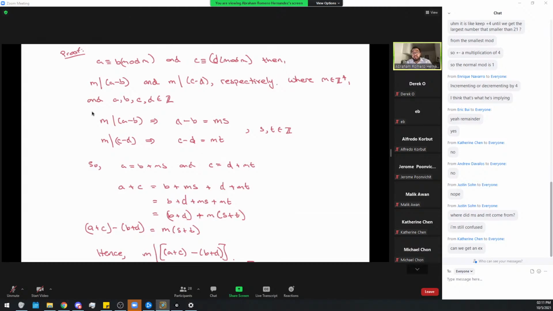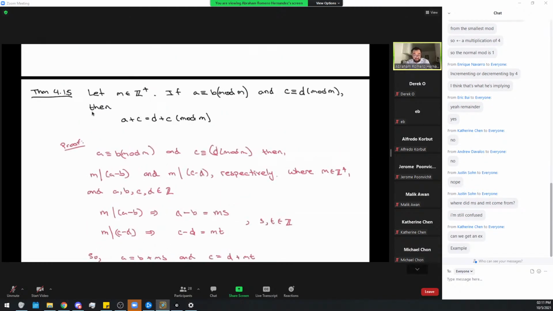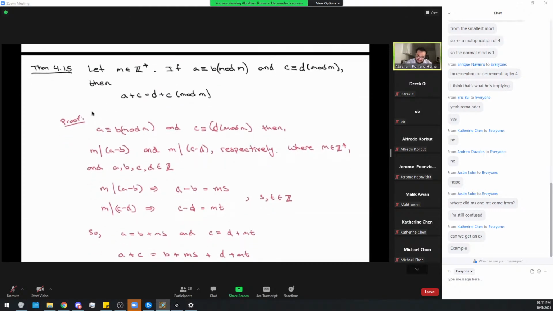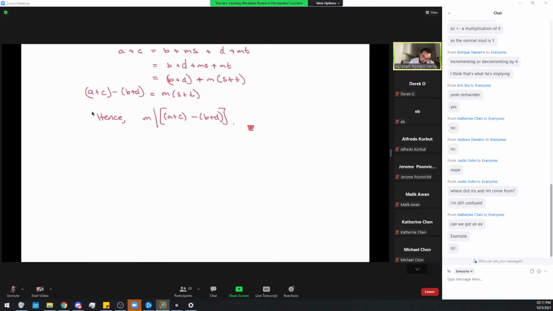Can we get an example? Okay. So let's suppose we have 7 is congruent to 1 mod 6. And let's say 5 is congruent to 1.